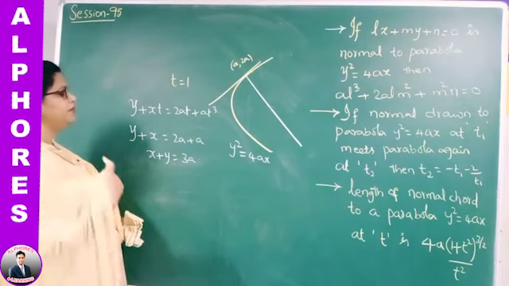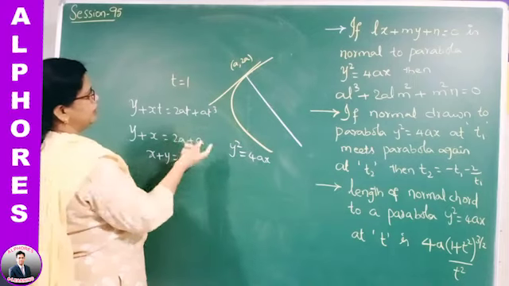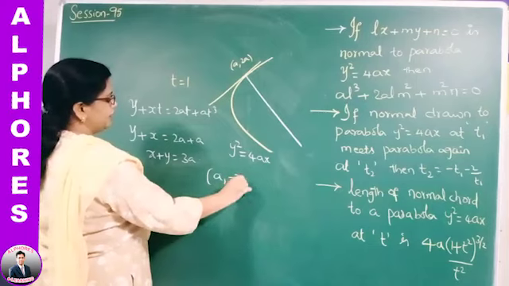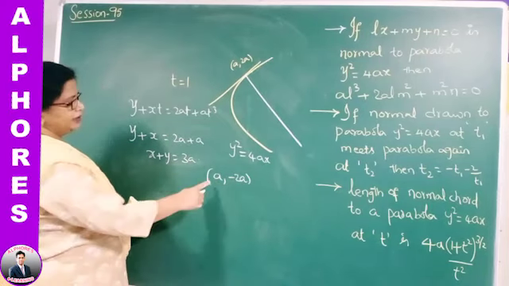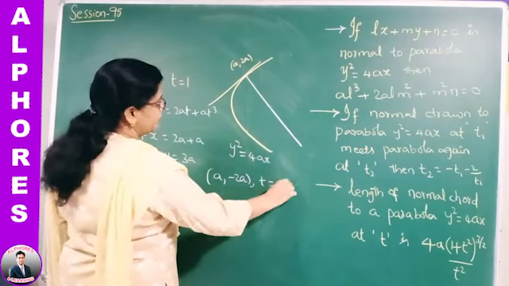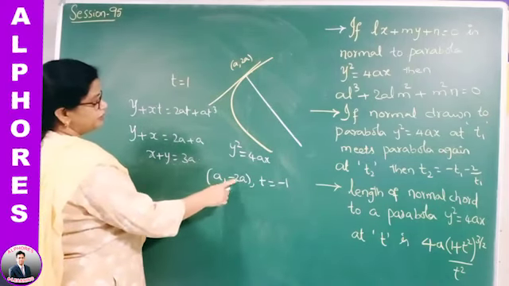In the same way, students, if you take the other normal, that means at a comma minus 2a, the other end of the latus rectum, what is our t value? Minus 1. Okay, t is minus 1 if you compare 2at.